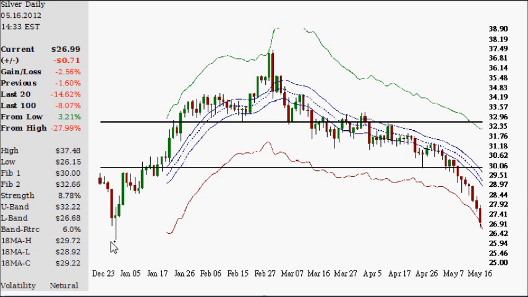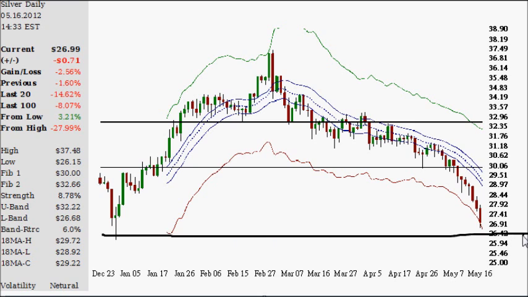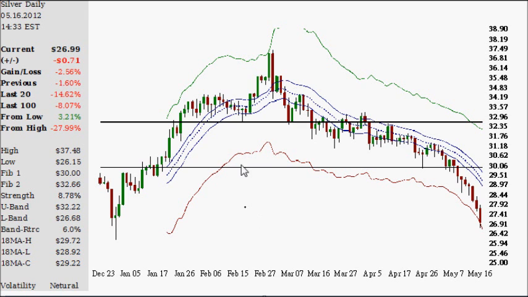I don't even see that yet, and I'd be a little cautious even at the 26 level, because the more often you test levels, the more likely it is that the levels are violated, and the 18 to 23 area I've been talking about for quite some time would be the next support level breaking through.